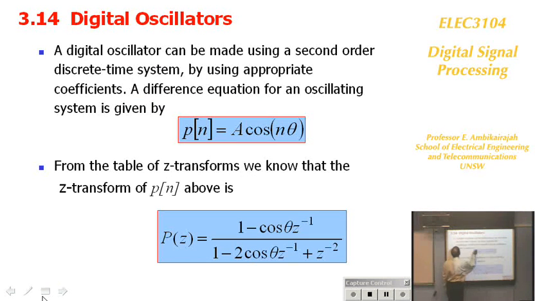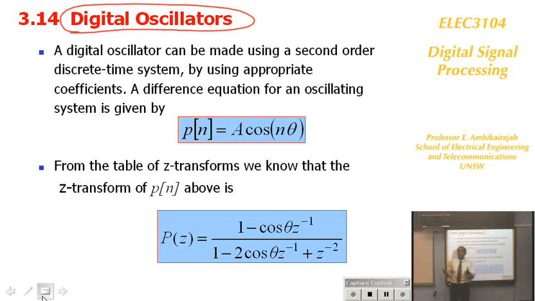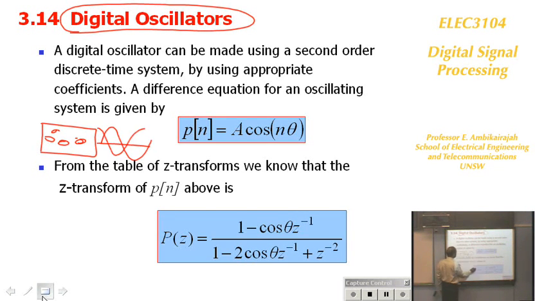Digital oscillator. What is an oscillator? Well, in the lab, when you go and you've got a signal generator, an analog signal generator, you've got a couple of knobs there, you just fiddle around, and you get a sine waveform coming out. Or it could be a cosine waveform, or a sine waveform with a different amplitude, or a different frequency coming out.